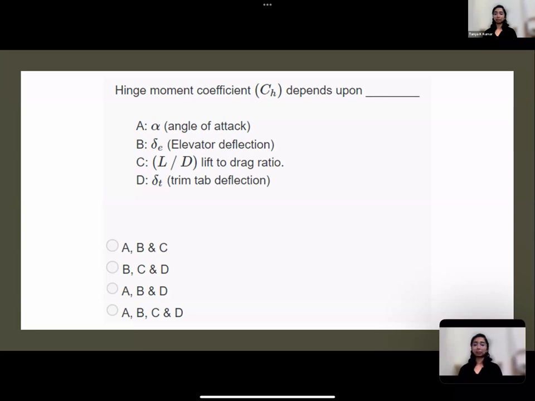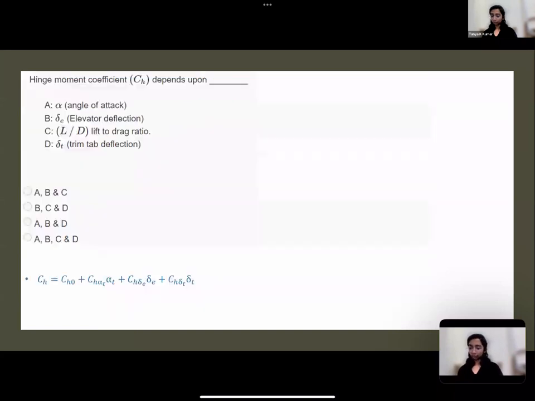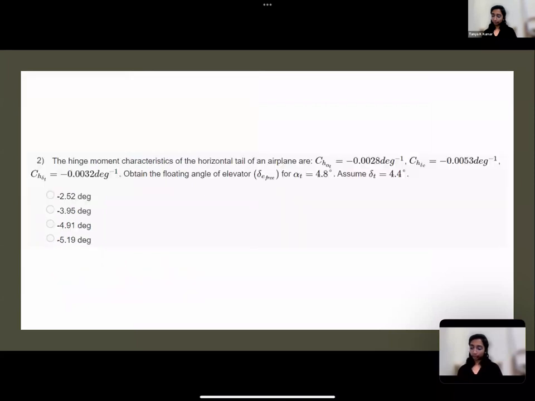The CH equation we saw. Does it depend on angle of attack? A, B, D. Exactly, you're right. So this was the equation. It depends on angle of attack, elevator deflection, and trim tab deflection. Perfect. Next question.